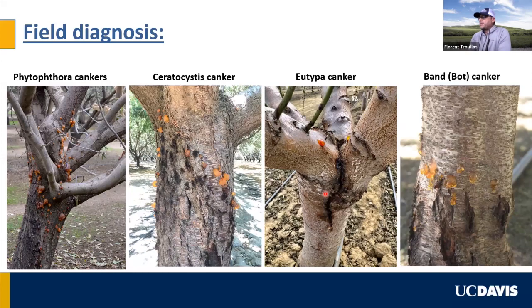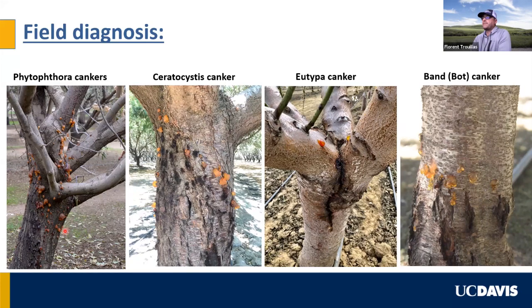So now let's get back to field diagnostics when possible and try to understand how these diseases look different and what are some of the key characteristics to diagnose these issues in the field. We will go over Phytophthora canker later in more detail, but I placed it here because a lot of times there is confusion when gumming occurs on the tree.